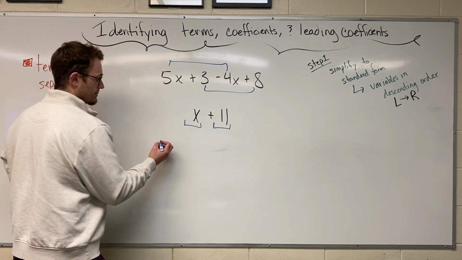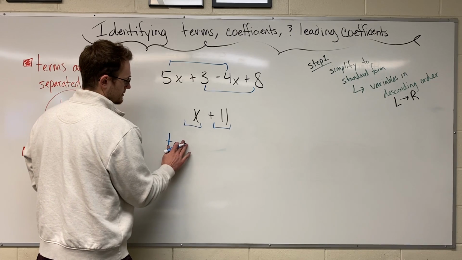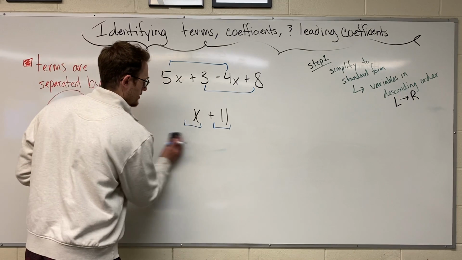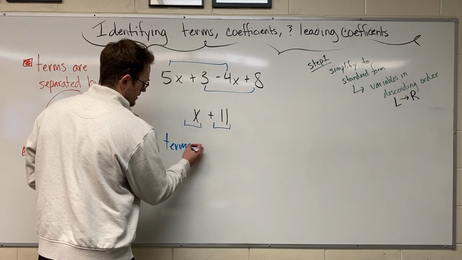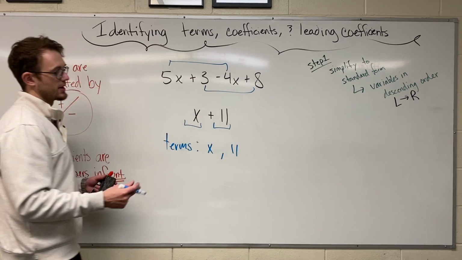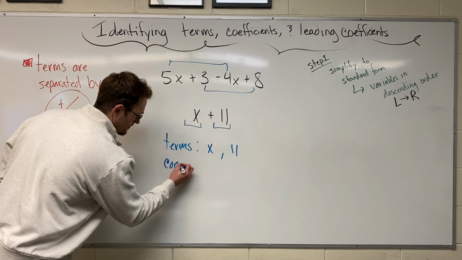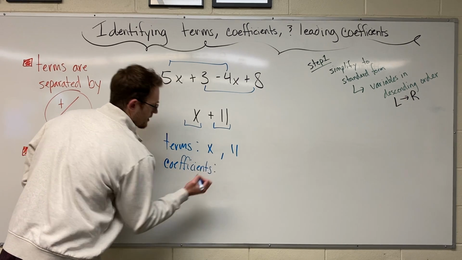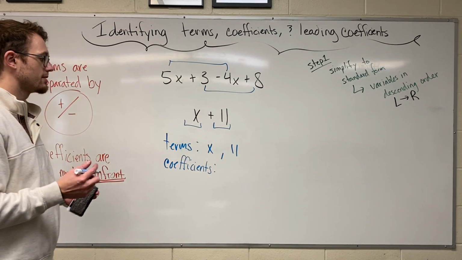So now if I was to list my terms, I would have x, comma, 11. Those are my 2 terms. All right, and then if I was to list my coefficients, that would be, well, here's that invisible 1 I was just talking about.